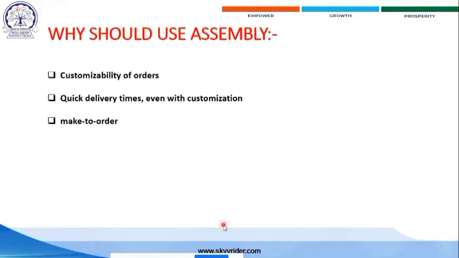And why should we use the assembly? Customizability of orders. That means it is a manufacturing process in which the production of an item or component begins only after a confirmed customer order is received.